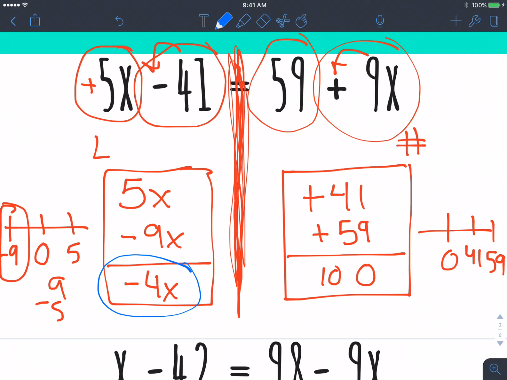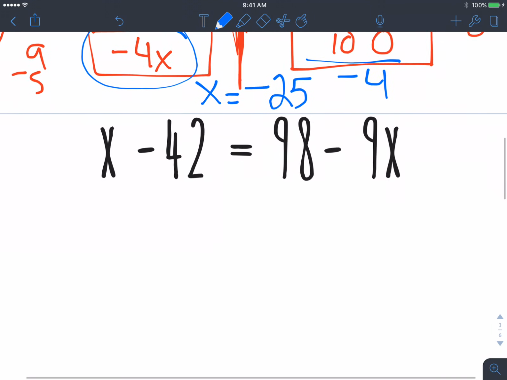Since the negative 4 and the x are connected to each other, I have to remember that I'm either multiplying or dividing. Since they're side by side, I'm multiplying, so that means I'm going to have to divide by negative 4. And I'm going to get negative 25 as my final answer.